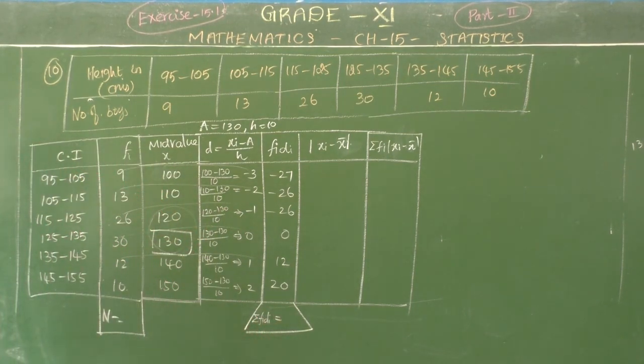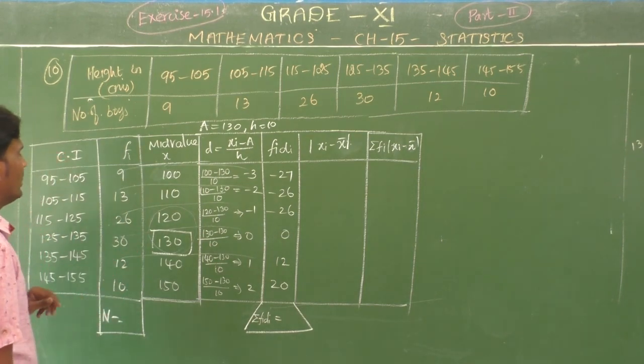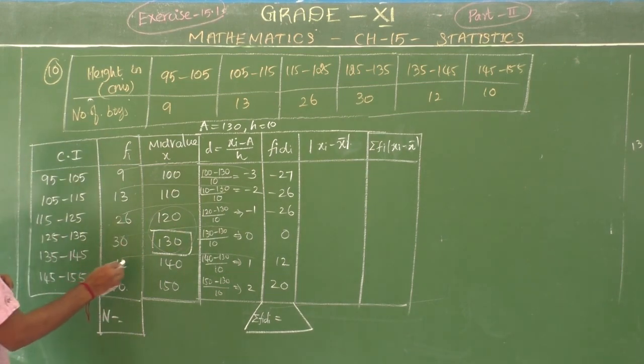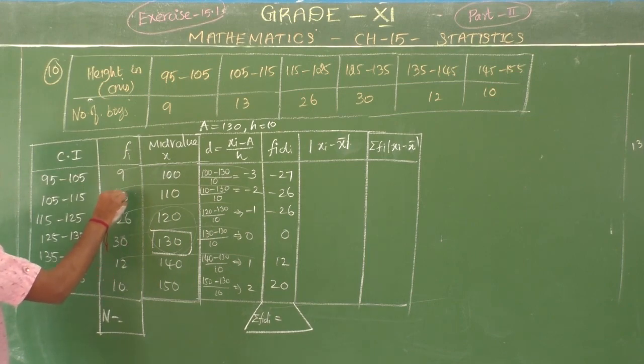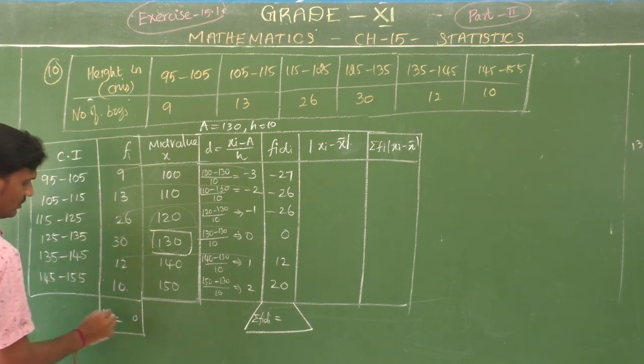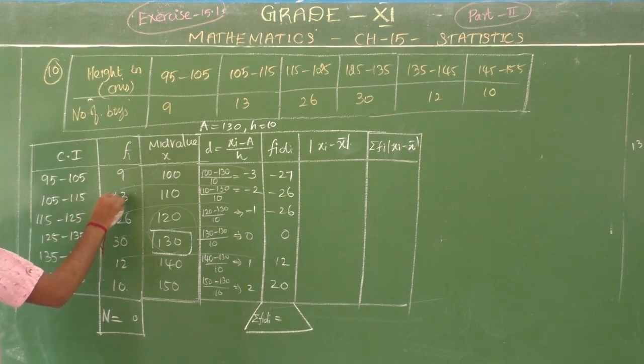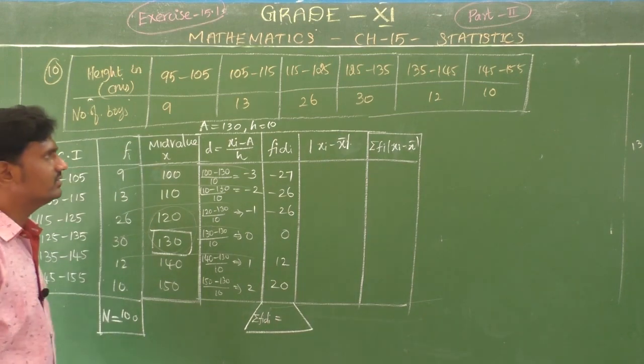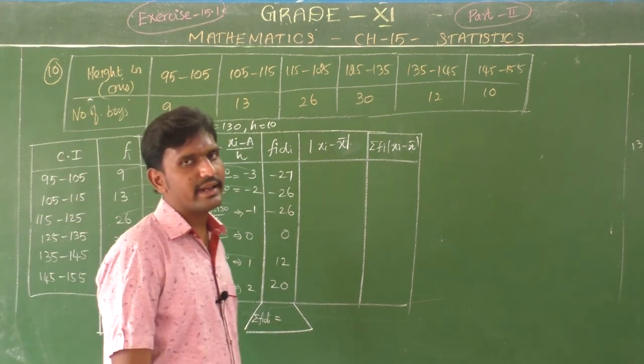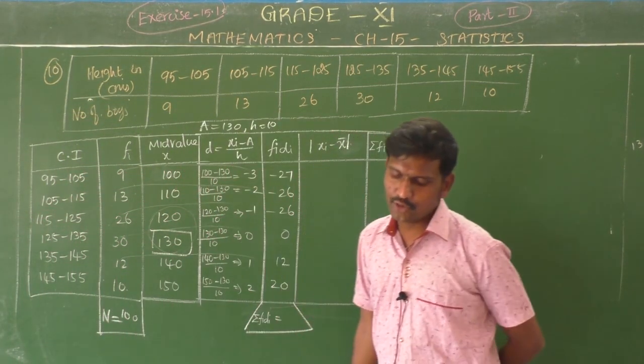Adding the frequencies: 9, 13, 26, 30, 12, 10. So n is 100.